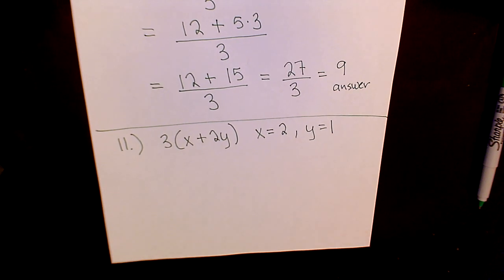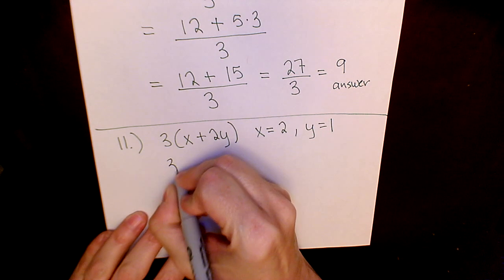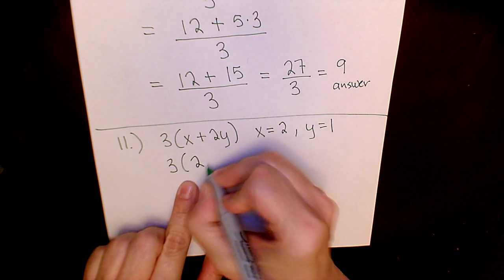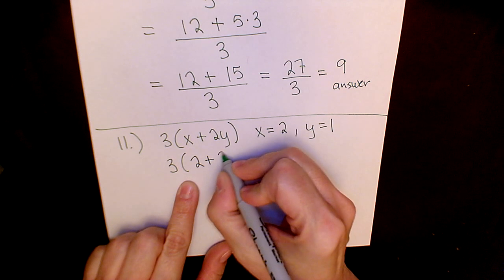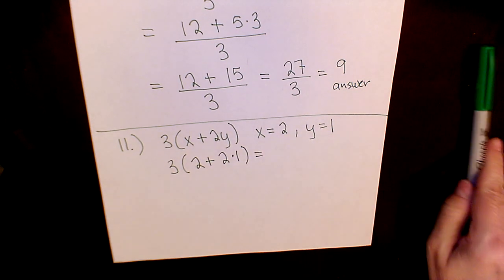And I do have parentheses. So according to PEMDAS, or order of operations, I need to do what's inside that parenthesis first. So let's set it up. And let's put in 2 plus 2 times 1.